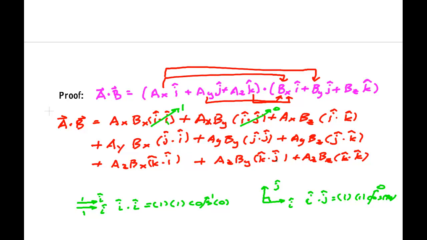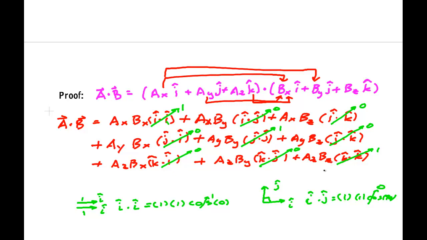That's because these vectors are perpendicular. So this term goes away, this term goes away, this term goes away, this term goes away, this term goes away, this term goes away. And this term becomes 1, and this term becomes 1. Notice the only terms that remain are along this diagonal on the inside.